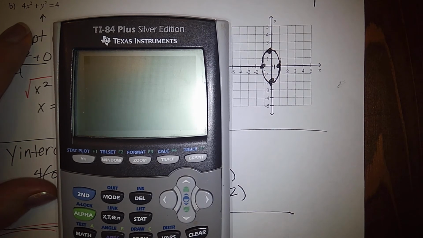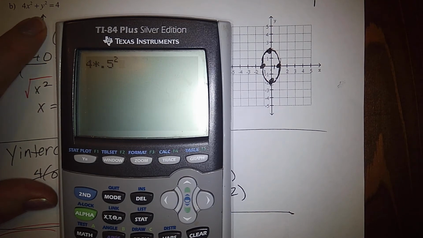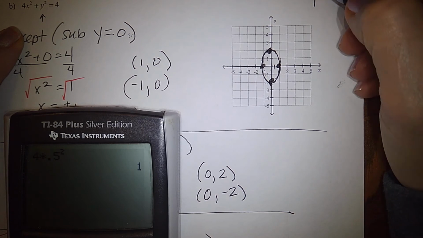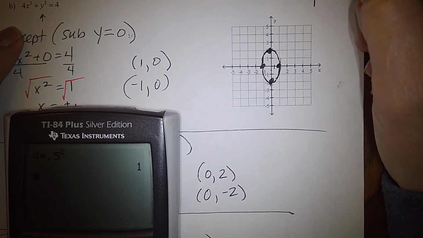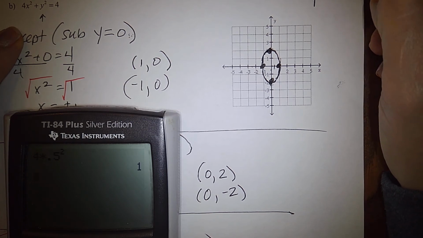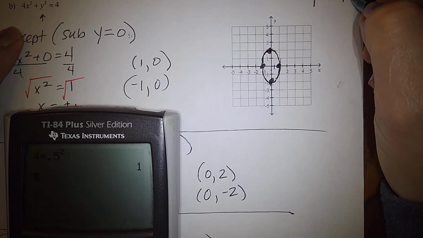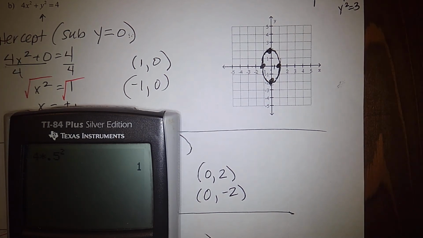So in my calculator, I would put 4 times 0.5 squared, and that's 1. So I have 4 times 0.5 squared plus y squared equals 4. All of this is 1. So y squared equals 3.